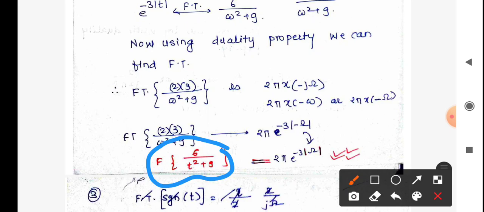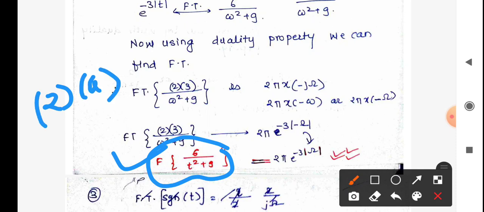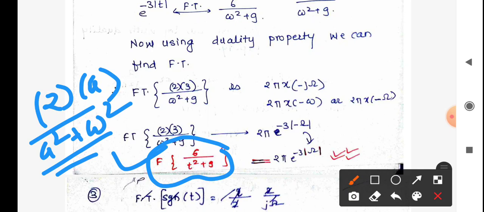In summary, if I observe this equation, it reminds me that it is of the form 2a upon a square plus omega square, and at that moment it clicked in my mind that I have to use the duality property.